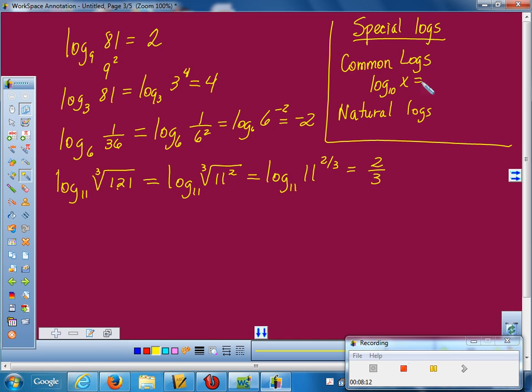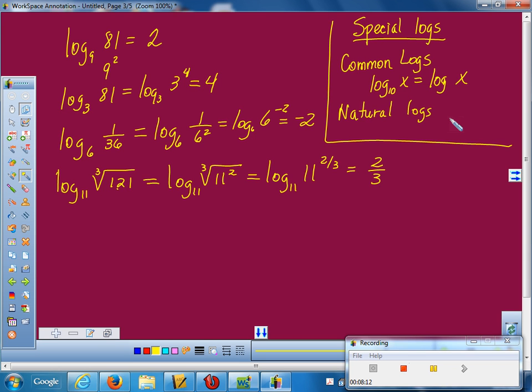When we carry from the 1 to the 10 to the 100, that's powers of 10. So base 10 was used a lot. And mathematicians are lazy. They didn't want to write the little 10 all the time. If you see a log with no base number, it's always base 10.